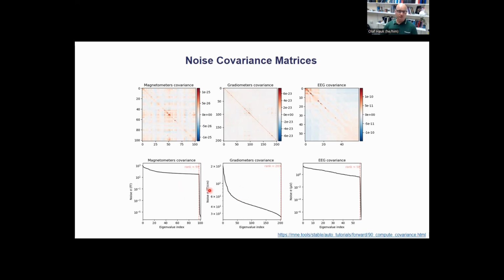If you use MaxFilter software, I mean the signal space separation method, this will reduce the rank quite considerably and that is something you may have to deal with in your analysis. So check your tutorials and documentation for that. Also bad channels obviously will reduce the rank, but these are sanity checks for your data to make sure everything's all right.